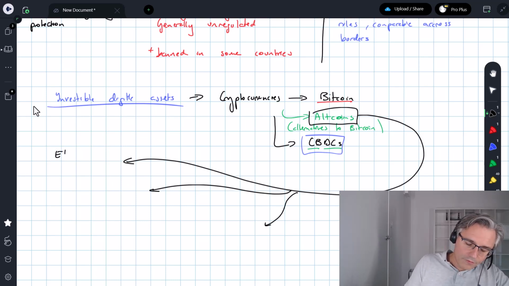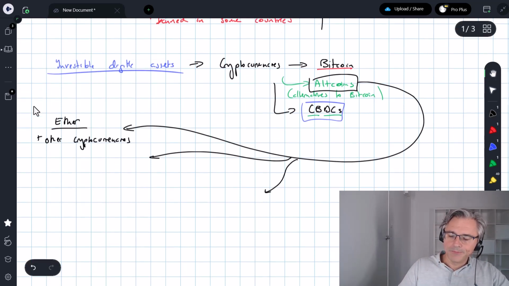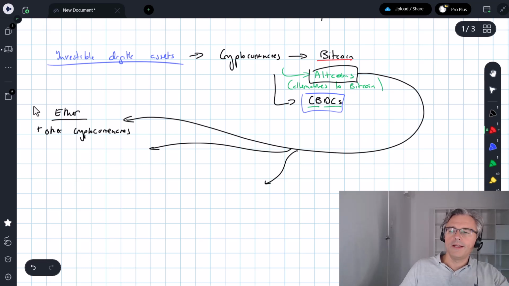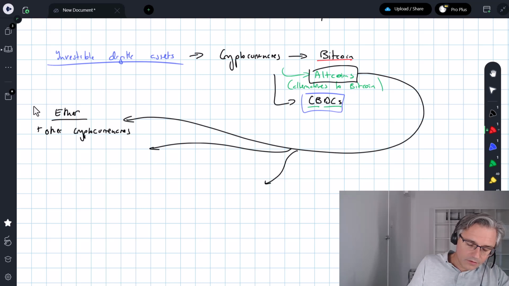The first one is Ether. Ether uses its own network. It's called Ethereum. So this is built and maintained on the Ethereum network.